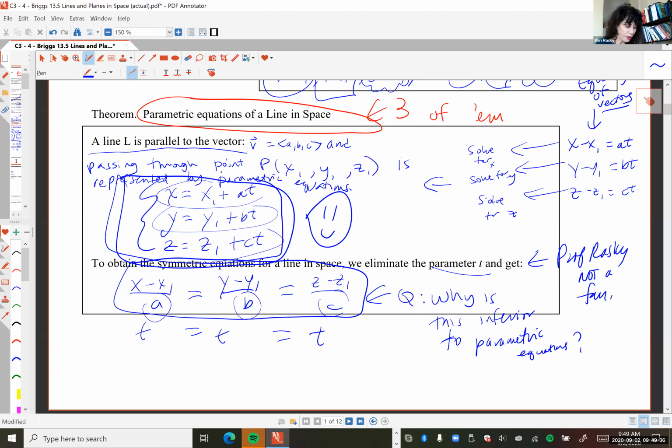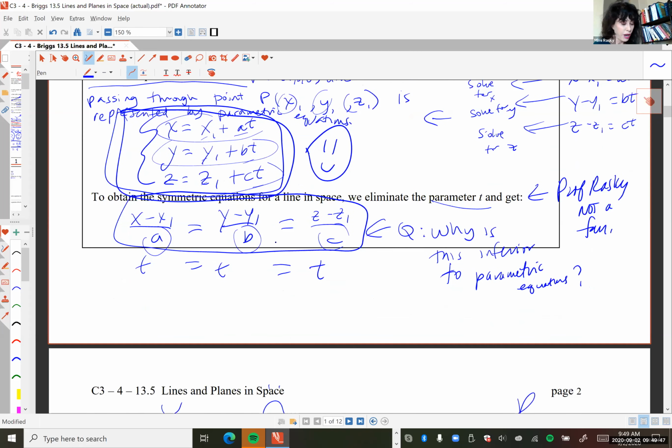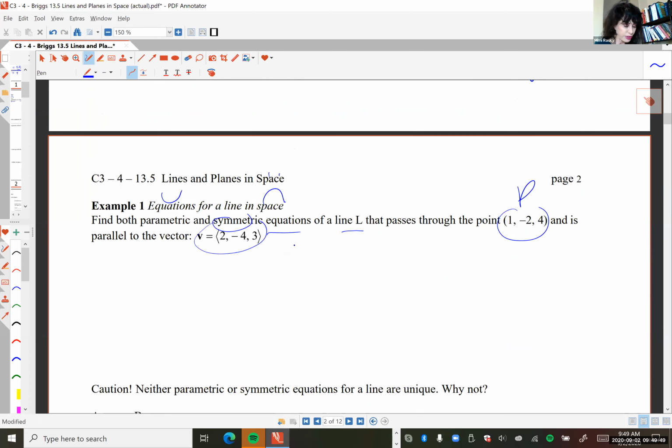So you're going to use these formulas here, where the x1, y1, and z1 are the coordinates of your point, and then the coefficients for the parameter t, which stays a variable, are simply the direction numbers. Here's your a, b, and c. This is your x1, y1, z1 when you plug into the formula. So I'll just copy down the formula. The formula looks like this for parametric.